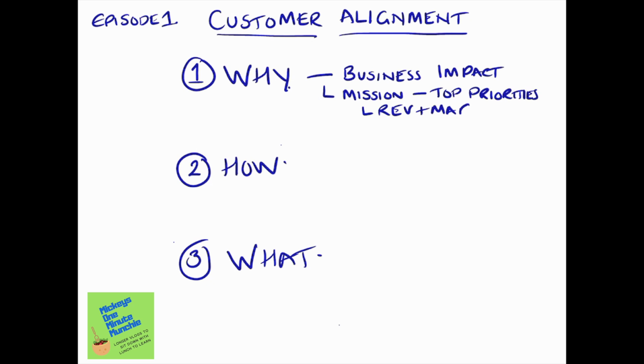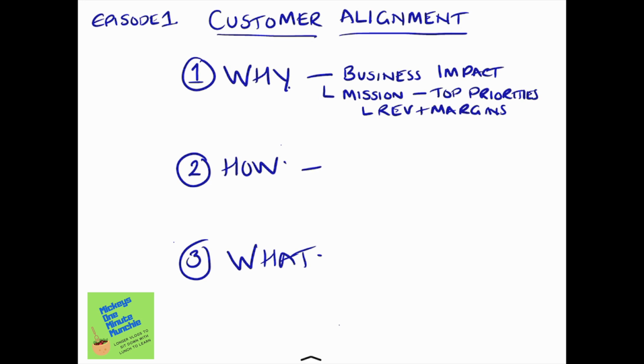Some companies may elaborate a bit more, but ultimately this is what it boils down to. The mission talks about why they exist and what their purpose is in the world. What's the business impact they are looking to get? That's typically linked back to the people impact, but it all relates back to margins and revenue.